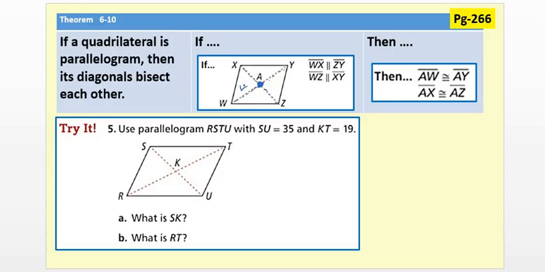For example, if this one is, let's say, 4 centimeters, how much will be this part? I mean, W to A is 4 centimeters, so A to Y will also be 4 centimeters. Now let's say X to A is 3 centimeters, then A to Z will also be 3 centimeters.